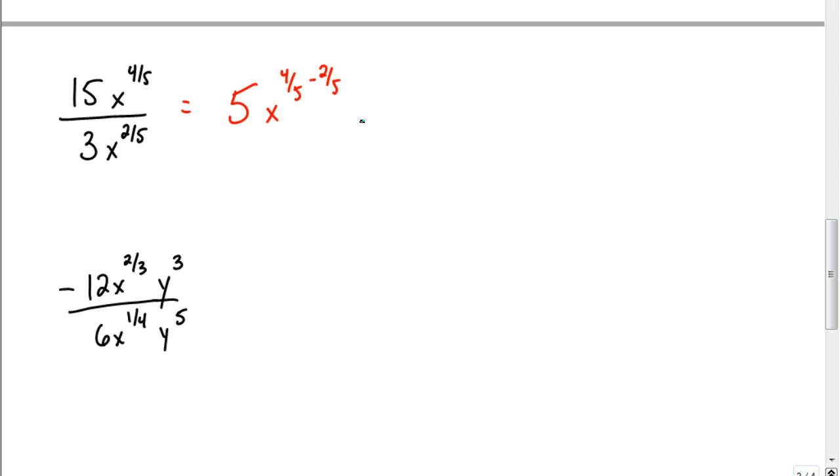Just like adding fractions, when we subtract fractions, we need to make sure that the denominators are the same, and they both have a common denominator of 5, so I can subtract these. The numerators, 4 minus 2, would be 2, and we leave the denominators the same. So we would have 5x to the 2/5 power as our answer.